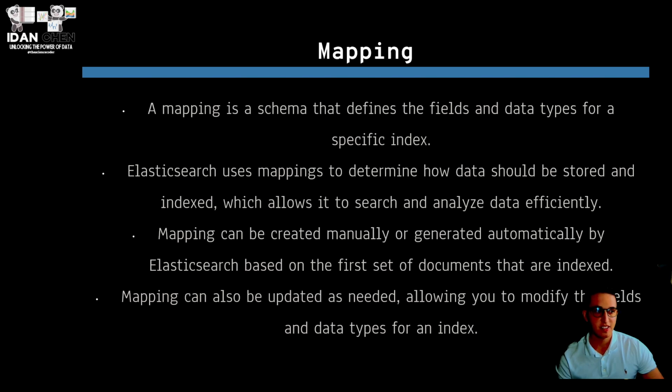I highly suggest that you pick the mapping yourself. You will make a mapping API call to the Elasticsearch server and you will choose wisely the field types. Mapping can also be updated as needed, allowing you to modify the fields and data types for an index.